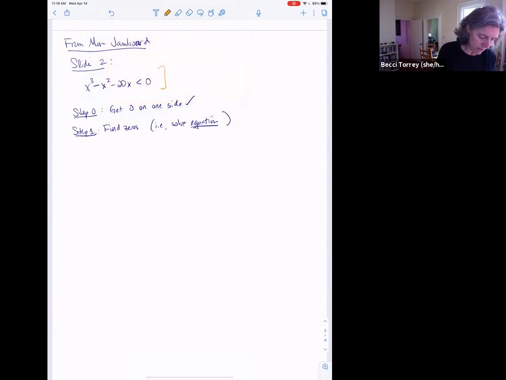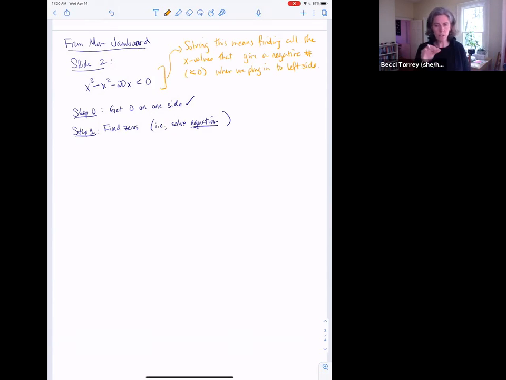So solving this means finding all the x values that give, in this case, a negative number because we want less than 0, something less than 0, when we plug it into the left side. That's what we're trying to do when we're solving the inequality.